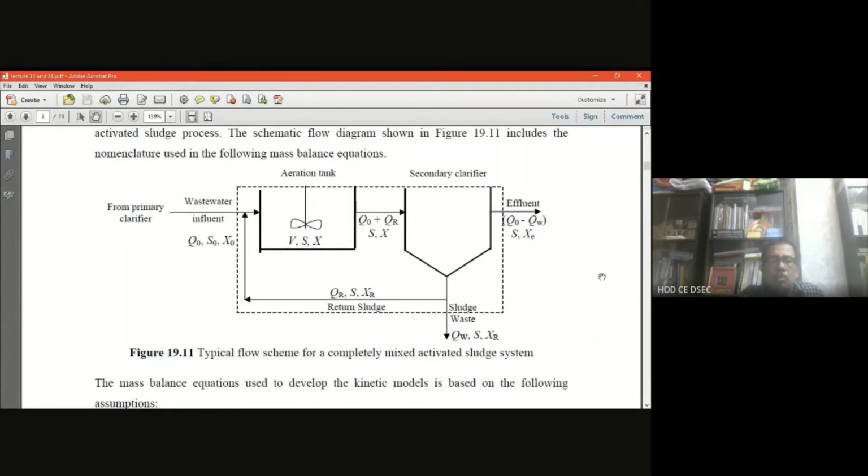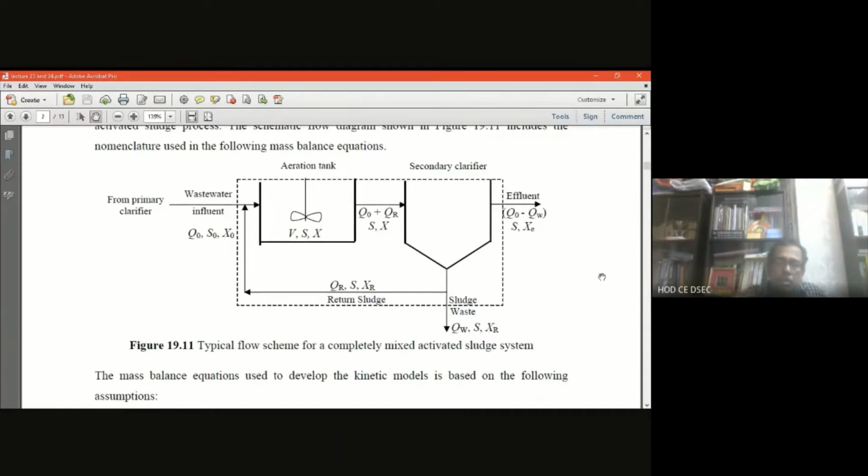No growth of biomass, and no utilization of the substrate, will be observed in the secondary clarifier. Again, the growth of the biomass as well as the utilization of the substrate will be observed in the aeration tank, in the reactor process, but no growth of the biomass and no utilization of the substrate will be observed in the secondary clarifier.